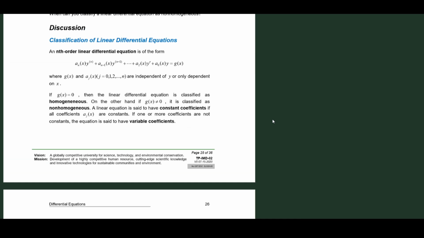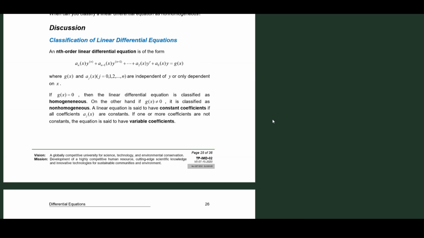For homogeneous linear differential equations, in order to identify those, we just take a look at the g of x. If g of x is equal to 0, then we can say that this is homogeneous. If it is not equal to 0, then you can say that it is a non-homogeneous linear differential equation.